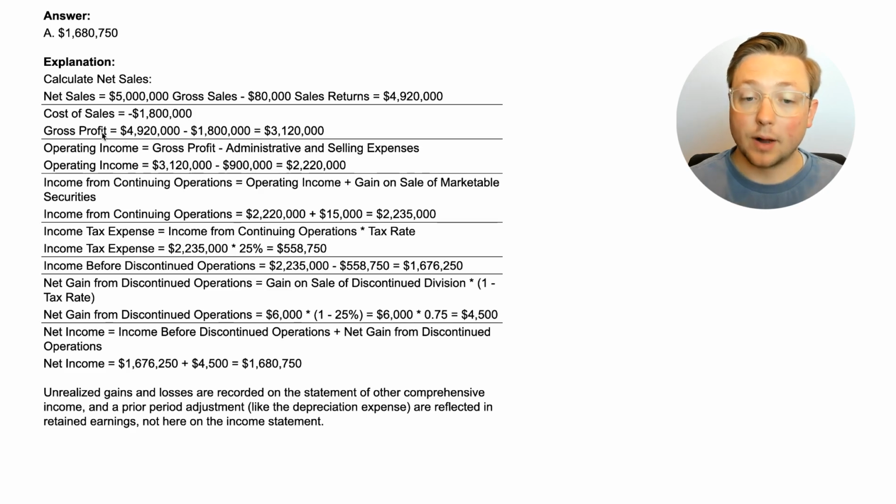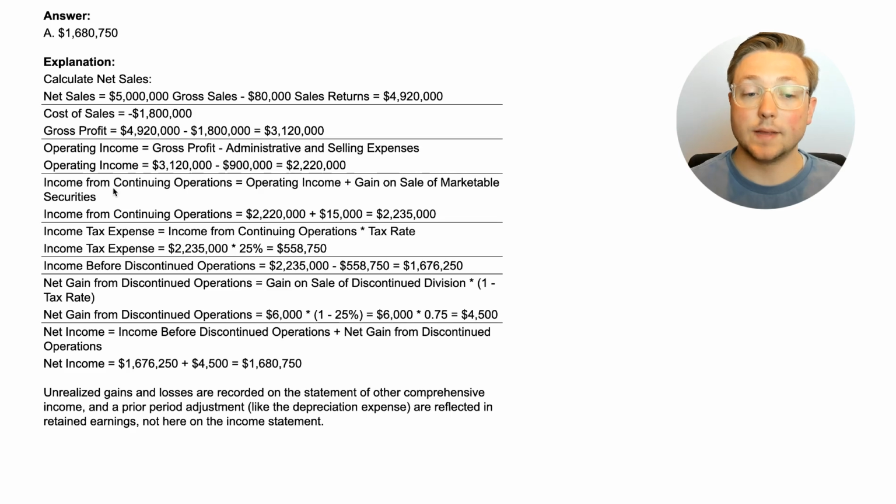That gives you the gross profit, which in this case is that $4,920,000 of net sales less the cost of goods sold, equaling $3,120,000. Now from that point, this is when we start calculating the operating income. So we take the gross profit, subtract the administrative and selling expenses, and we talked about those before, and that equals $2,220,000. And again, that gives us the operating income.